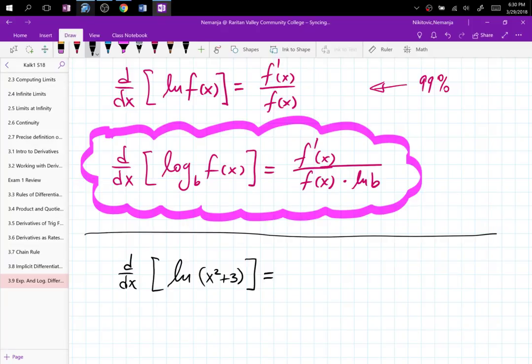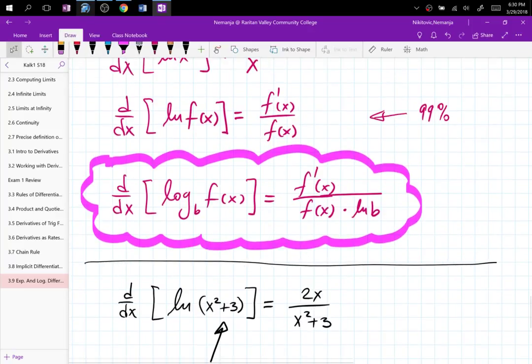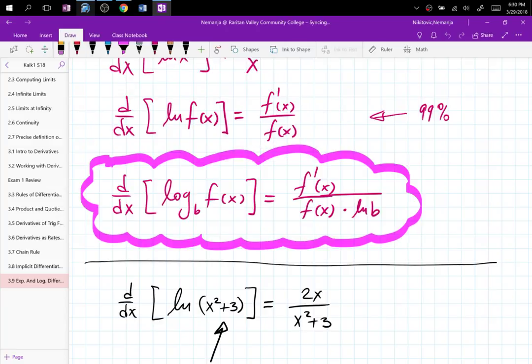Because look at the formula up there. You are supposed to take the argument as is and put it in the denominator, so that's x squared plus 3, and then write its derivative on top and walk away. That's all it is. It's the 99% of the time formula, right there. You take f of x as is, put it in the denominator, and then its derivative on top. And you're done.